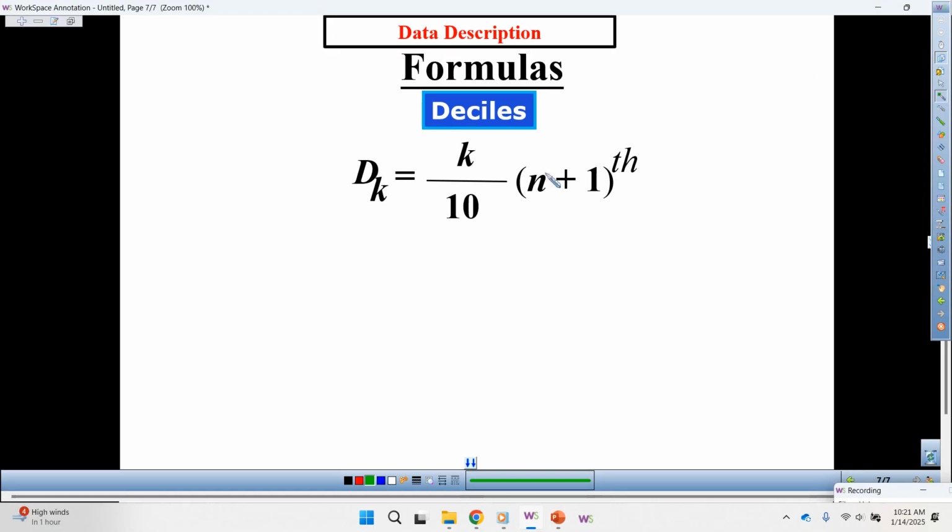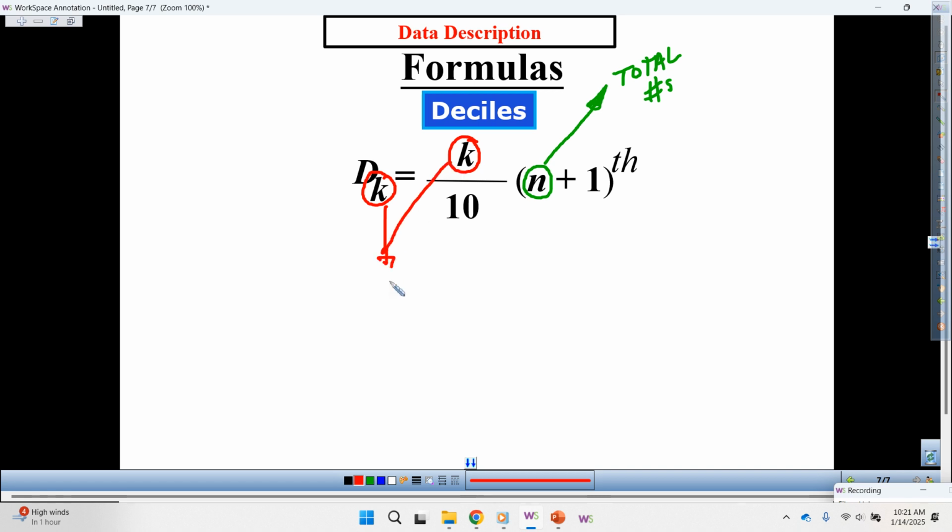With green, circle the N and tell your neighbor what N stands for. Yeah, total numbers of numbers, yes? Next, circle K. Circle K. And label this one decile to be found.